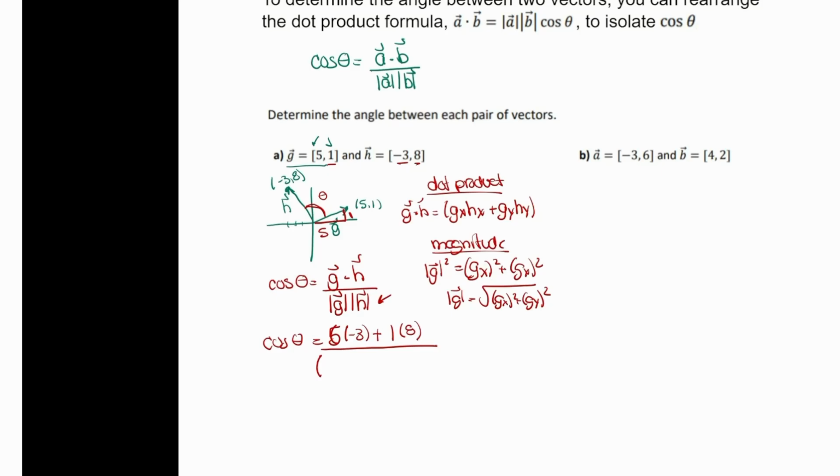So for g, we get the square root of 5 squared plus 1 squared, and we're going to multiply that by doing the same thing by the magnitude of vector h, which is negative 3, 8. So we have negative 3 squared plus 8 squared.